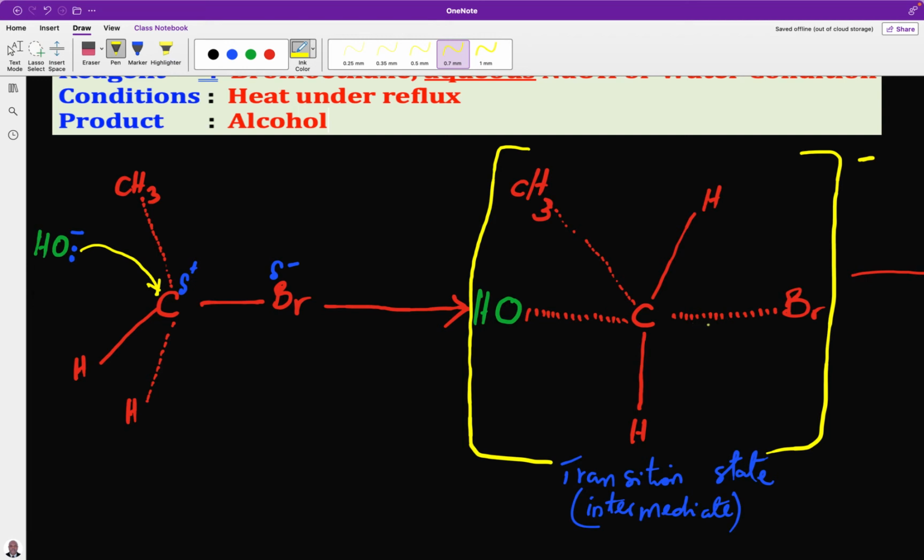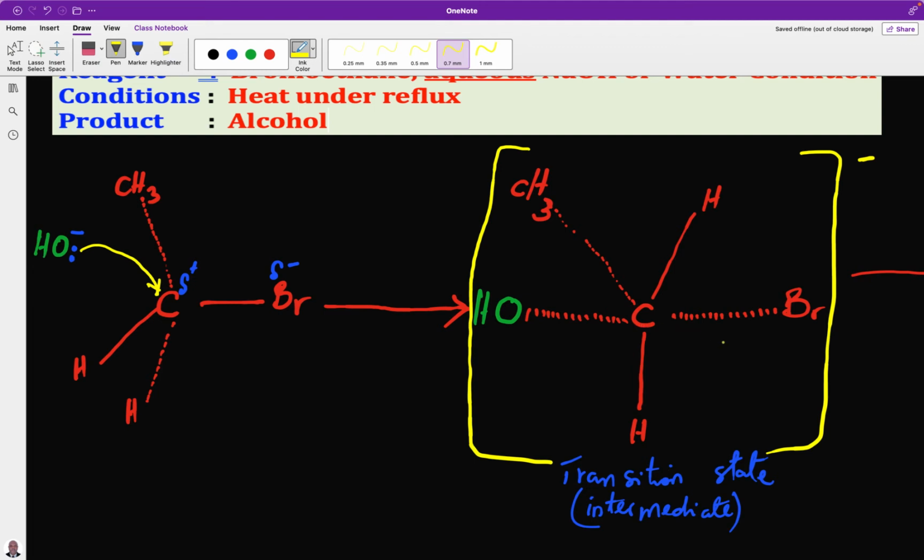The bromine finally breaks off heterolytically and goes away with its lone pair of electrons. So the mechanism will go on like that until the nucleophile finally attaches itself here firmly.